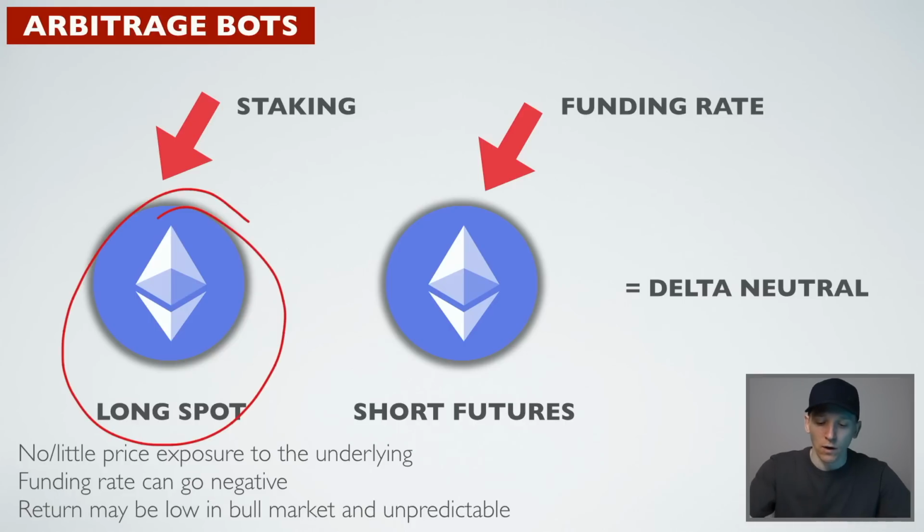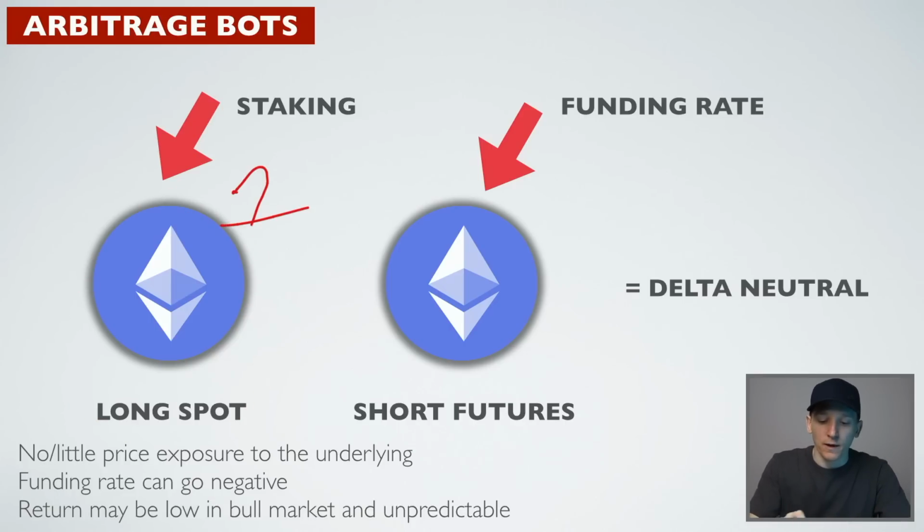So what we do with that long, let's say we take 1 unit long of that, we need to then take the corresponding sell trade. Now, if you just sell the spot, then you've just got cash, right? So that's no good. So what we do is we go over to the futures market, which is the derivatives market, and we can use collateral in cash to sell the futures.